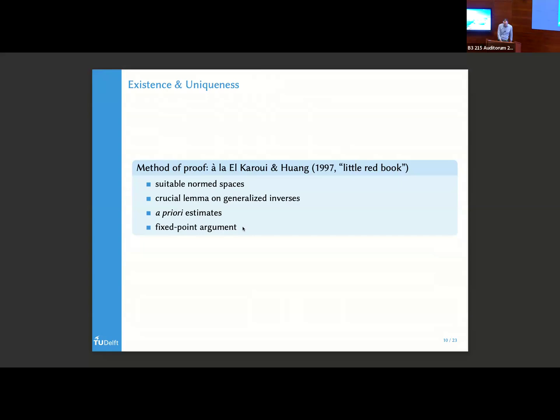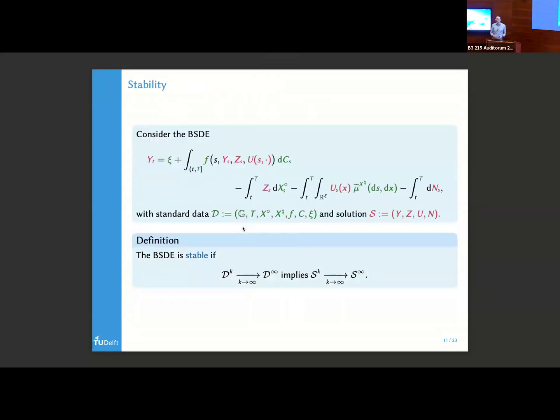Okay, fine. This is existence and uniqueness, and now we would like to go to the stability results, which I think is probably the most interesting part of this talk, hopefully. So again, you consider the BSDE of this type. The green part is the data that you are given. The red part is the solution.